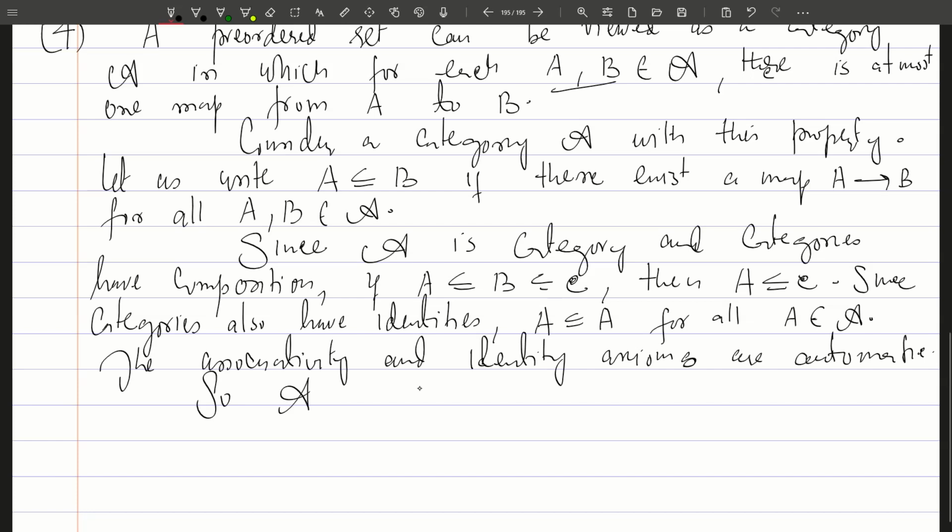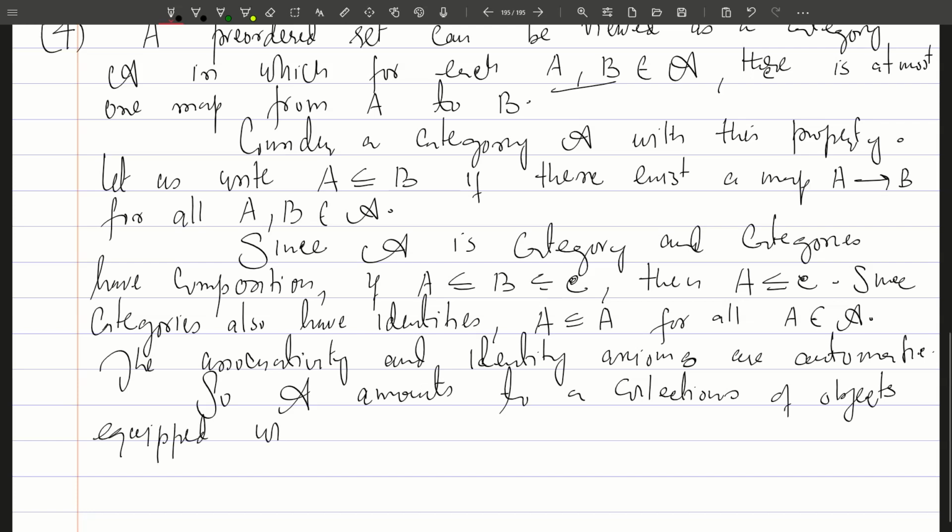So this fancy A amounts to a collection of objects equipped with a binary relation, less or equal to.